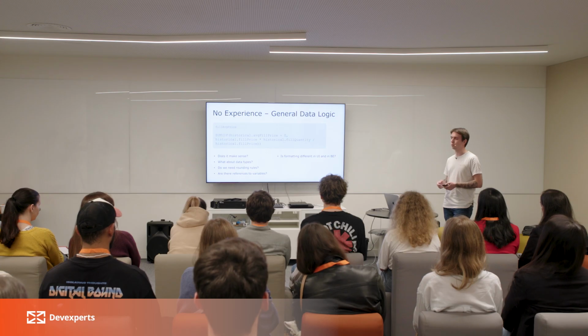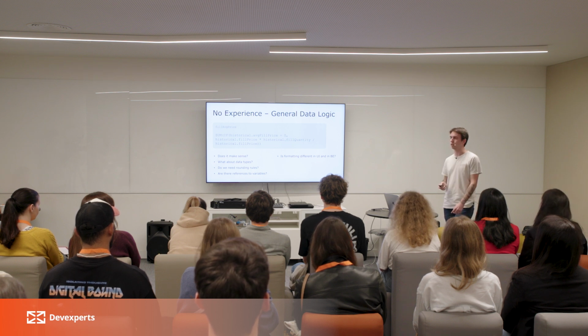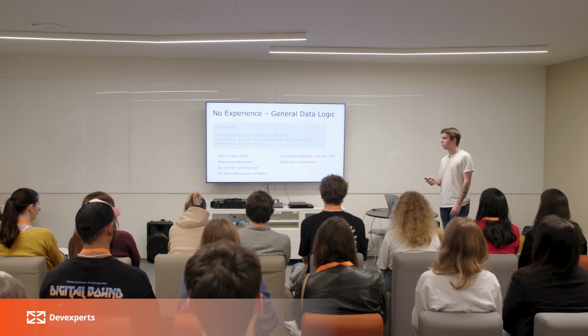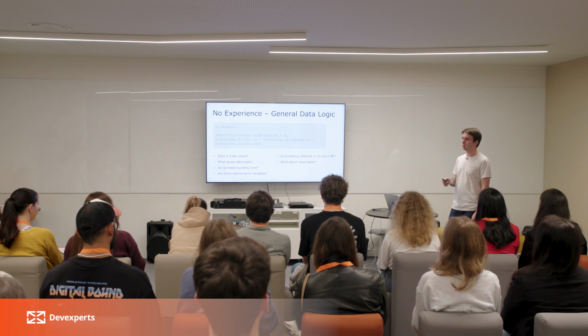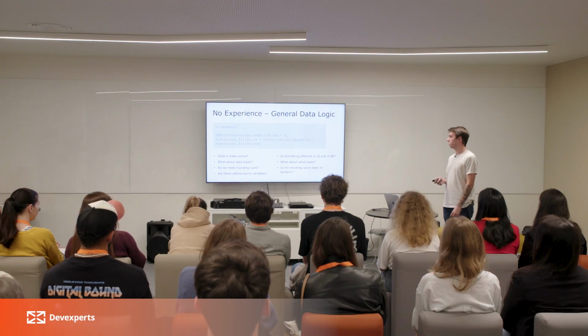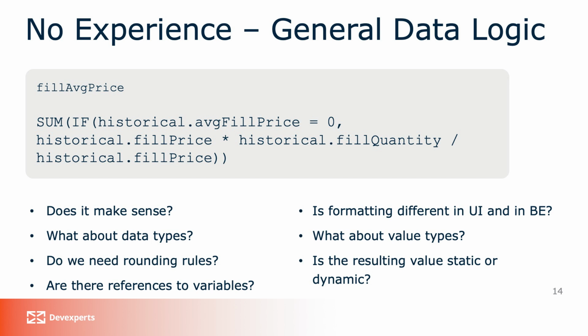Maybe in the backend you want to store this with a specific precision, maybe 5 digits, but in the UI you want to show a value with only 2-digit precision. Different value types are also most of the time omitted in the documentation. It's not really talked about whether we want to support negative values, 0 values, not a number values, null values, and different types of values besides positives. And the final question I can present to you is whether the result is going to be static or dynamic.